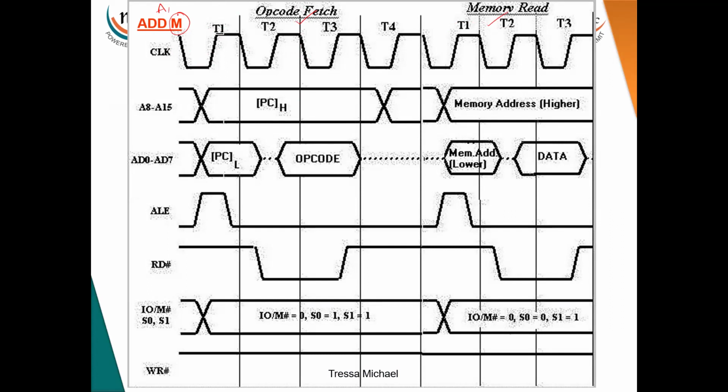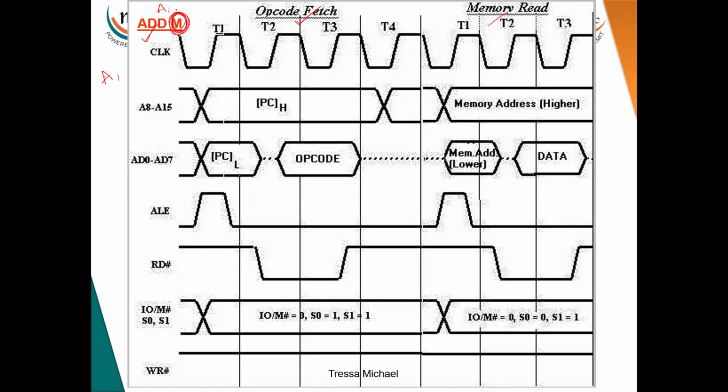The other operand needs to be read from the memory location and placed in the microprocessor, and then the addition takes place. For any instruction, opcode fetching is a common machine cycle.